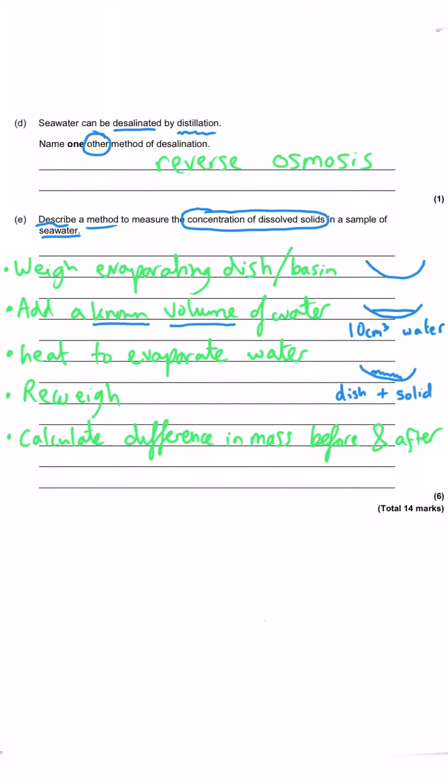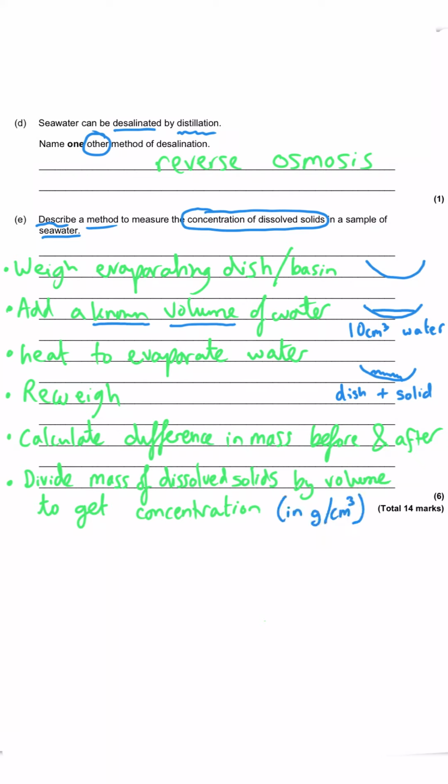And then what we'd have to do is finesse this with one extra little bit of structure to it. So we could either divide the mass that we've found by the volume of water that we started with, and that would allow us to find our concentration in grams per cubic centimetre, for instance. That would get us our 6th mark.